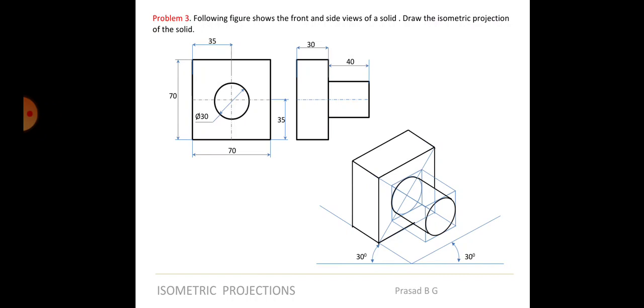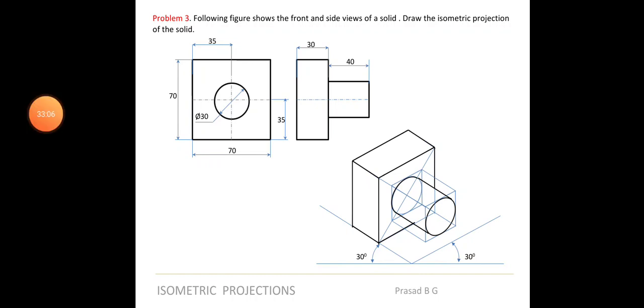The diameter of the cylinder is 30 only. The thickness of the prism is 30, but the length of the cylinder is 80. And I think the prism side is also different, that is 60, here it is 70. That is the only change, only the changes in the numbers.